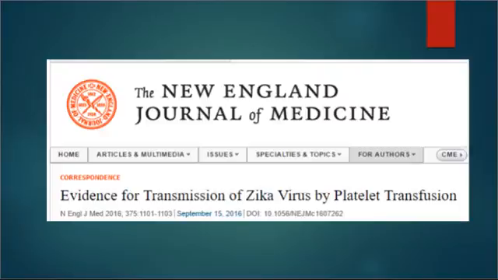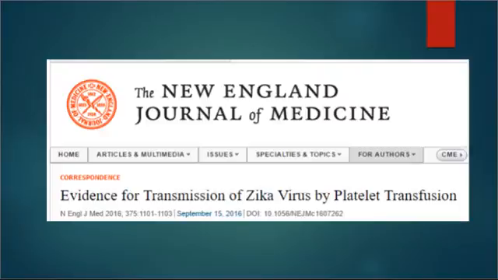And in this very recent article, in September of 2016, researchers wrote about transmission of Zika virus by platelet transfusion. There's a lot we don't know about Zika, and so by clinicians in the field writing about it, other clinicians can learn. And researchers can pick up and run with it and see if it truly is something that has occurred.